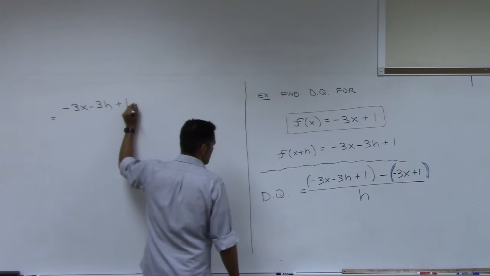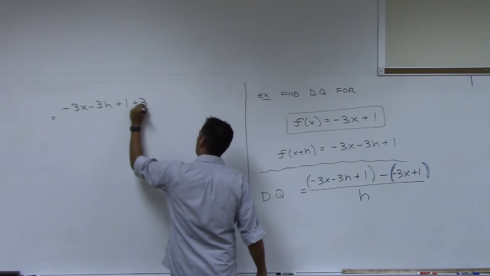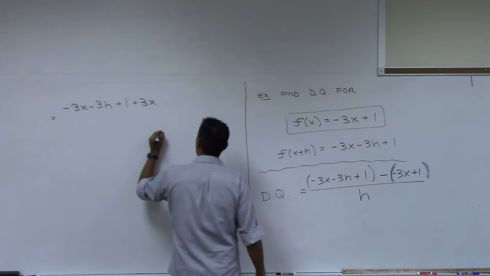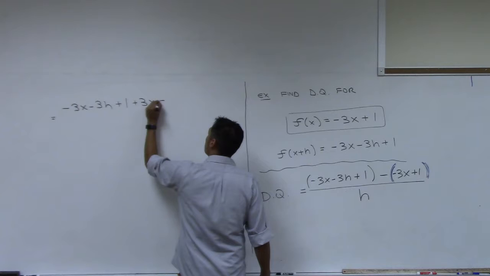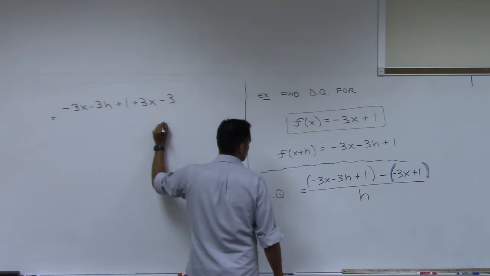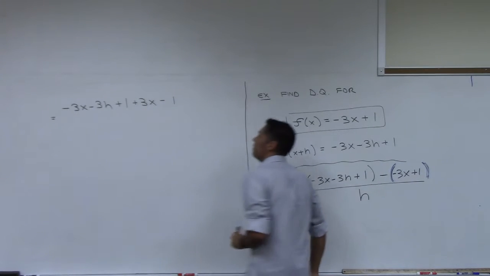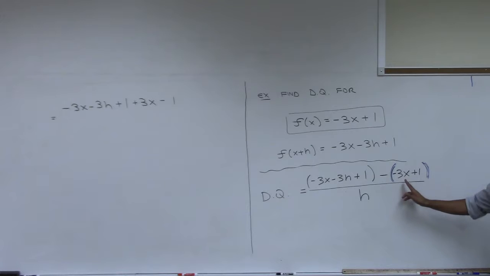Minus minus, right? I'm distributing. So isn't that plus 3x? And then minus 1. I don't know why I put minus 3. It's supposed to be minus 1. Right? Plus 3x minus 1.